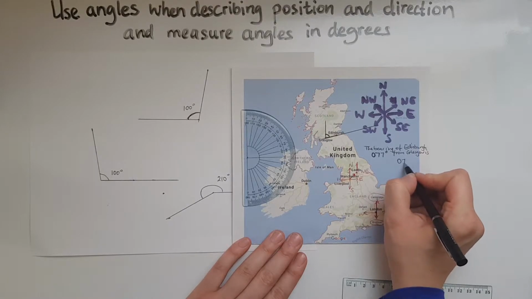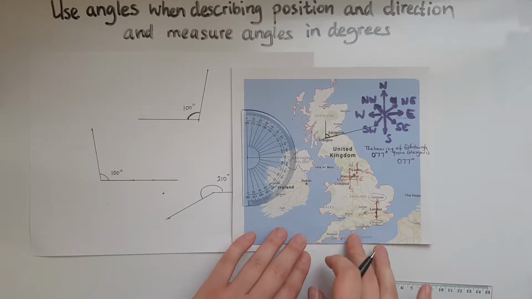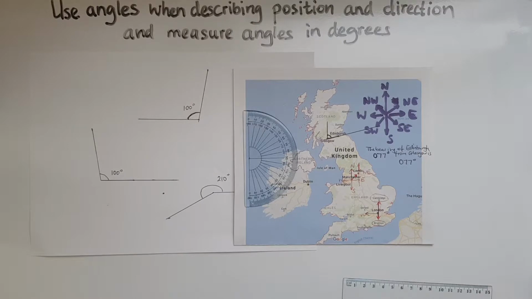So that's how you'd read it. The bearing of Edinburgh from Glasgow is 077 or 77 degrees. Now we'll have a look at another bearing.